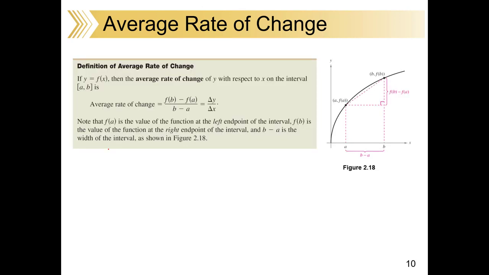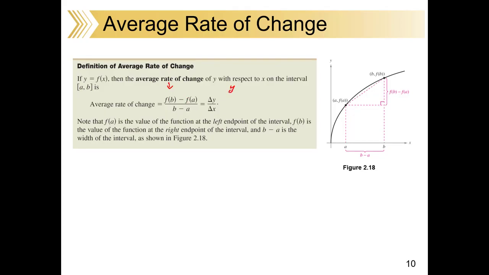Here's the definition of the average rate of change. If you look in the middle here, where we've got this rectangle, notice that on the top we've got two y values. I know it says f, but f represents just some function. So you could write it sort of this way.